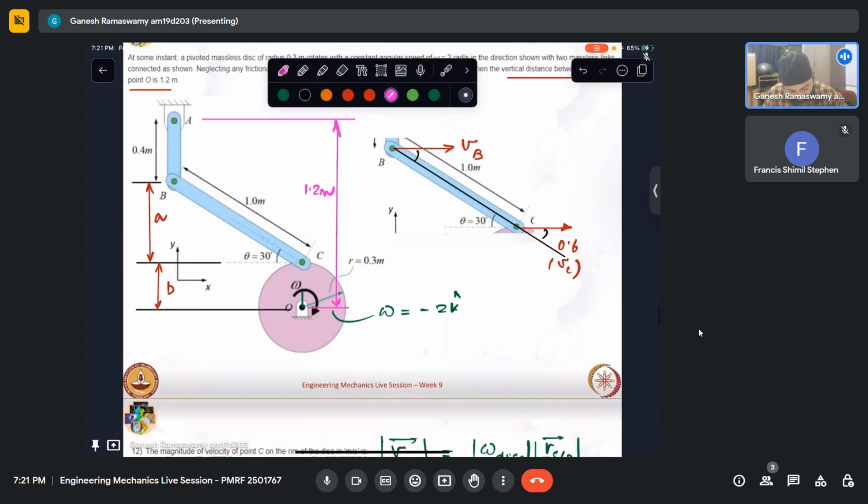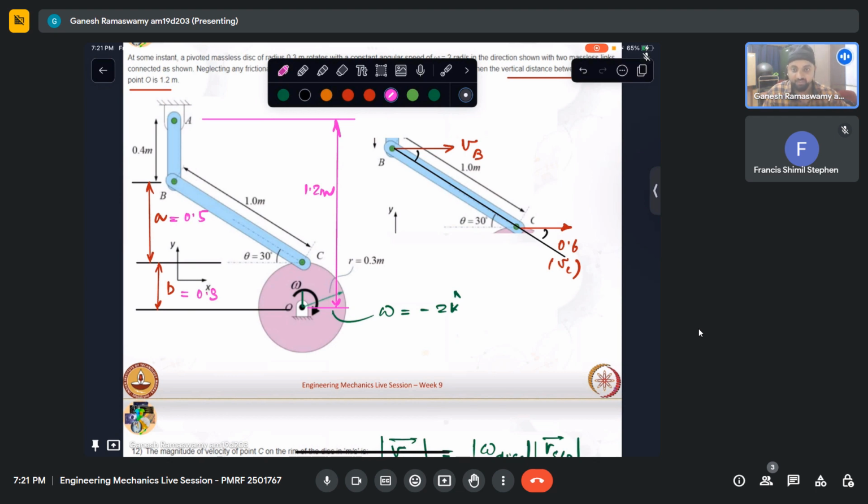So if I take what is A? A is nothing but 1 sine 30, which is 0.5. And this distance B, we know the radius of the disk is 0.3. So this adds up. That is why this information was given.